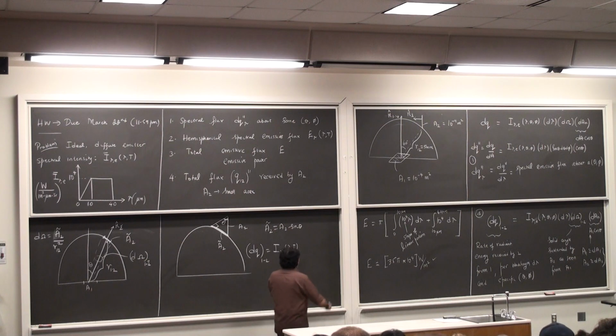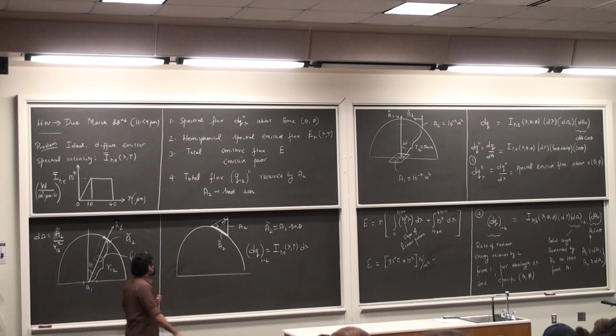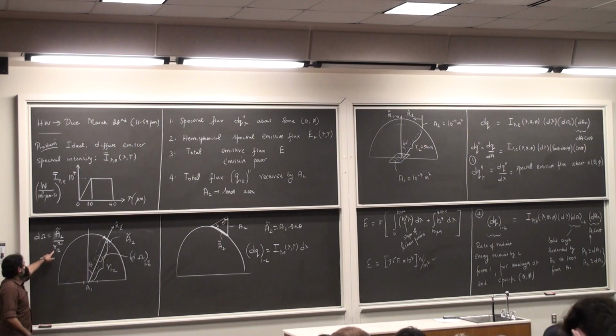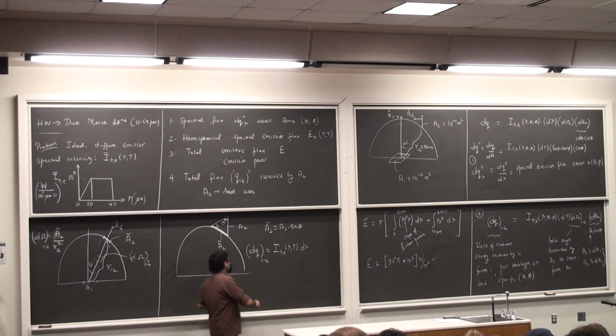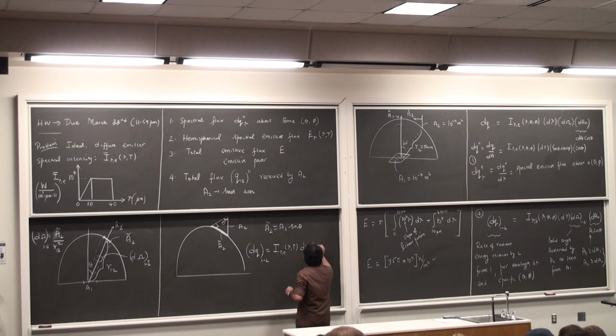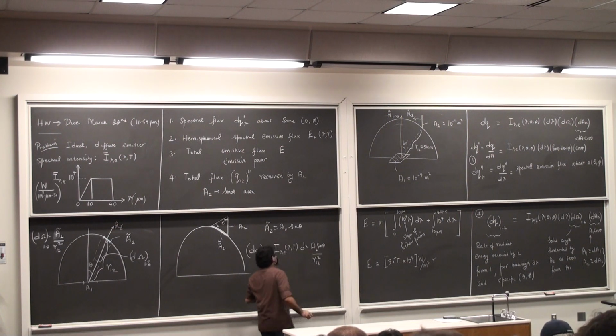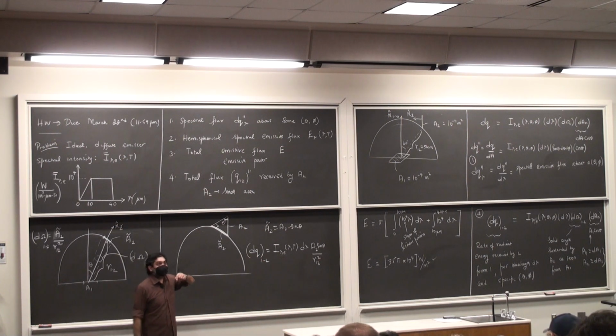Then I'm going to have d lambda. Instead of d omega, I'm going to have A2 sine theta divided by R12 square. So this is actually 1, 2. And the last one is A1 times cosine theta.